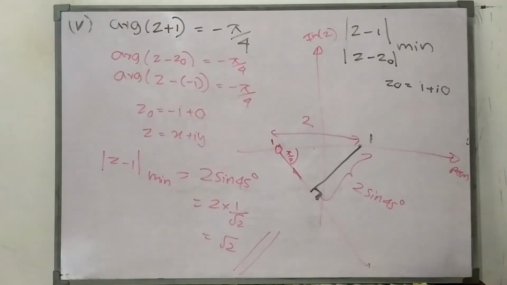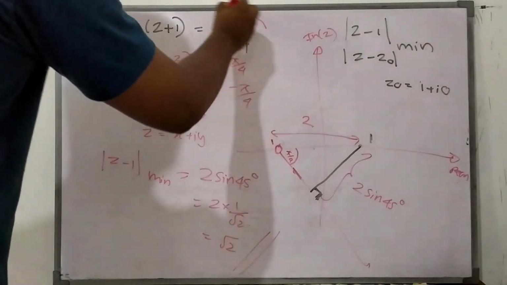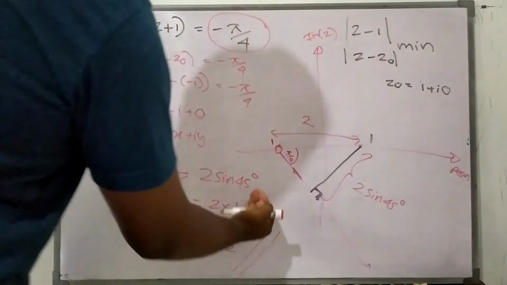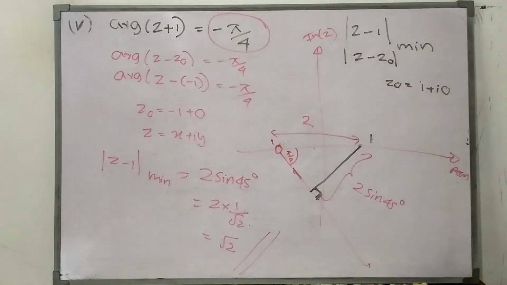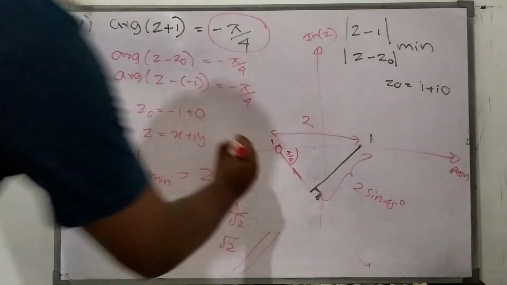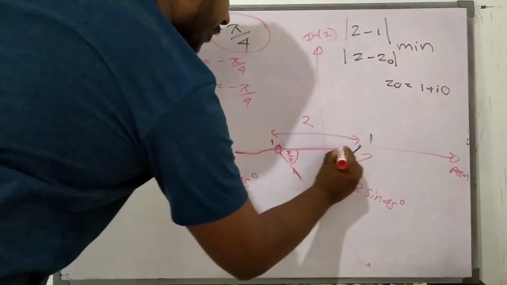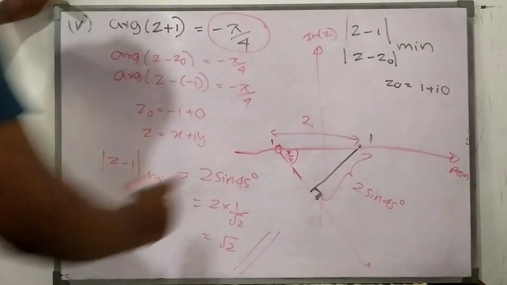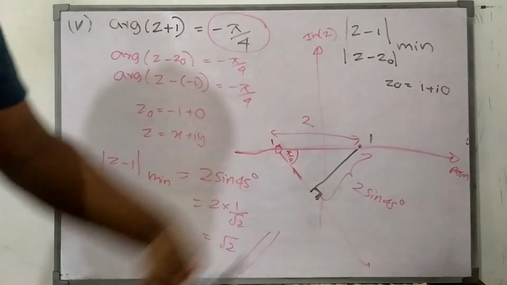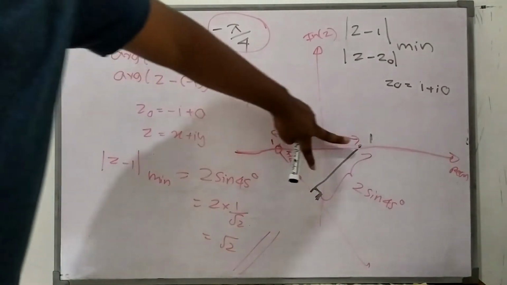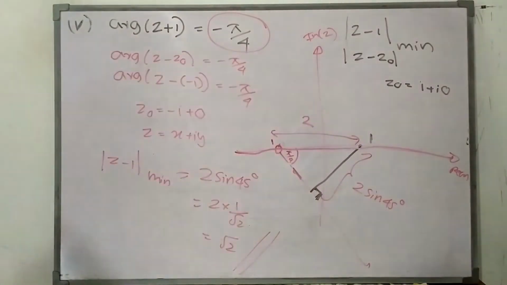The important thing is, if the angle is negative, please rotate in the clockwise direction. And if you need the minimum value, just draw the perpendicular line.